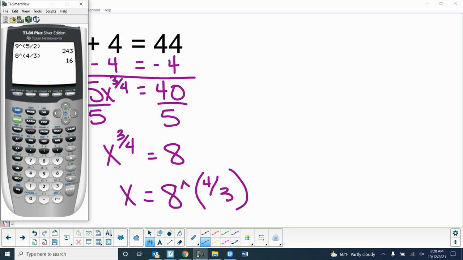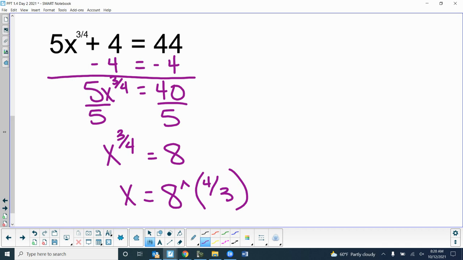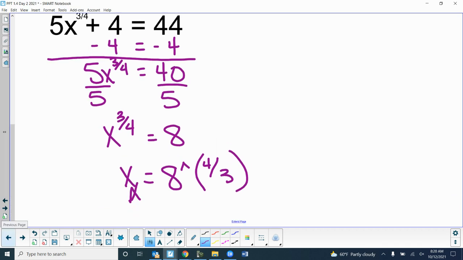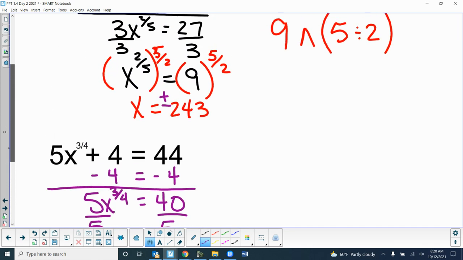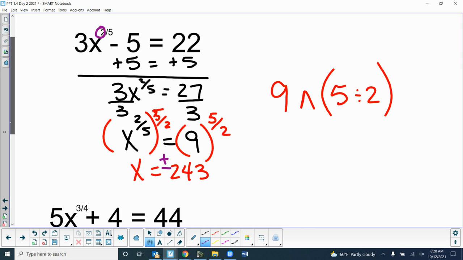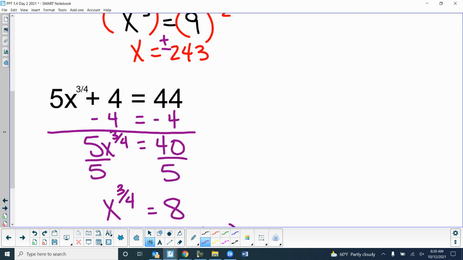And we get 16. We don't have to put the plus or minus in this one because my numerator was odd. Only do the plus or minus when the numerator of your exponent is even. So they kind of look weird at first, but they're really pretty easy.